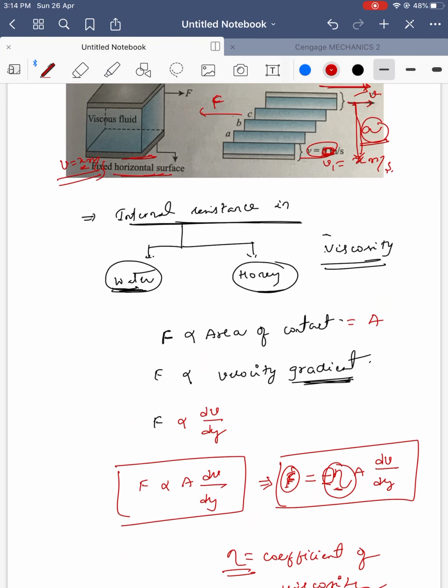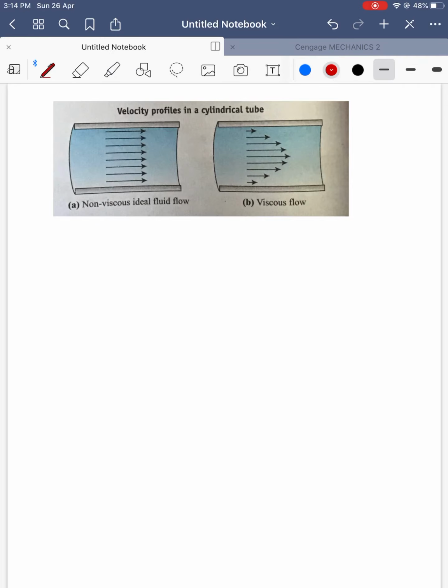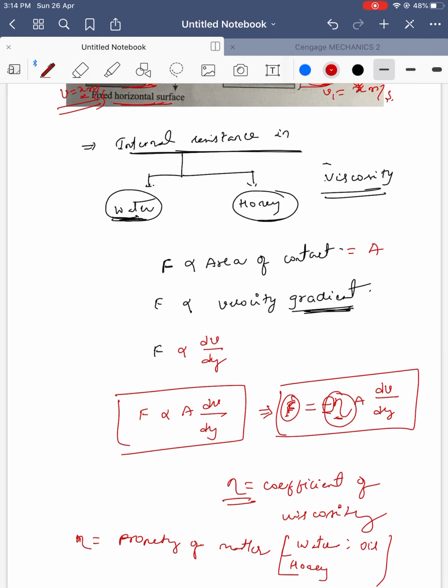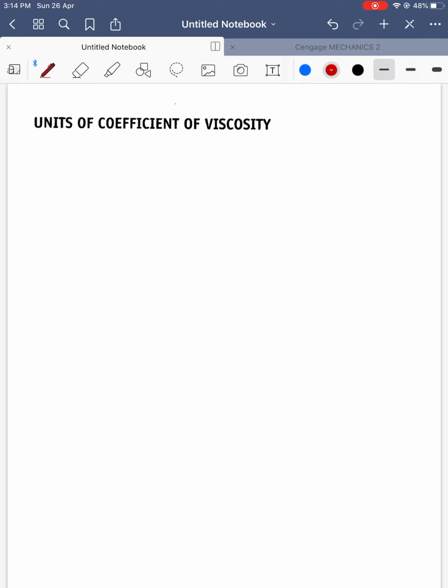So we got force is equal to nu a dv by dy. Let's discuss the units of viscosity. It's important. I am writing the equation again: modulus of F is equal to modulus of nu a dv by dy.